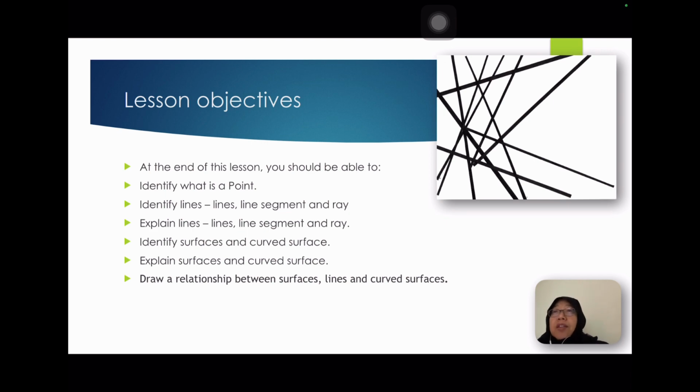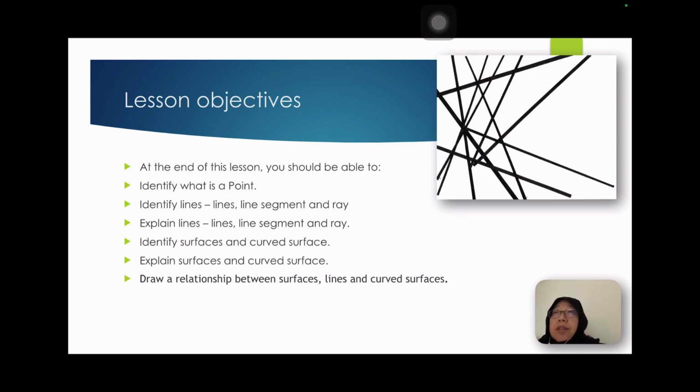When we identify lines, we are looking at three types of lines. So we have lines, we have line segment, and we have ray. And then you should be able to explain what are lines, what are line segments, and what are rays.